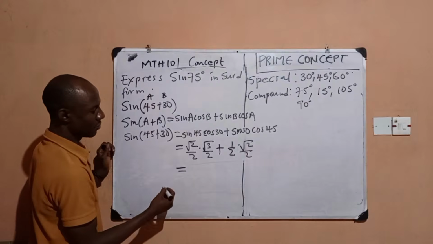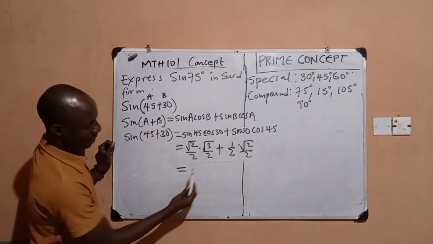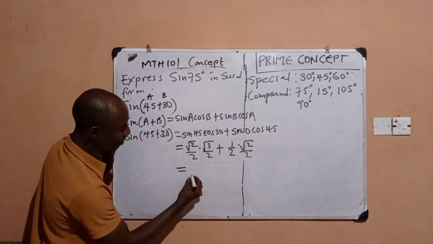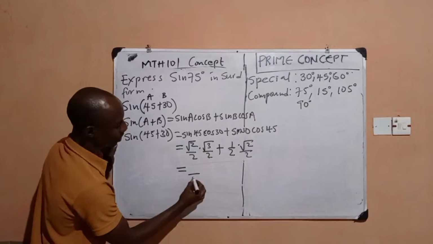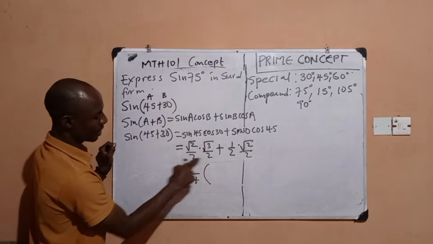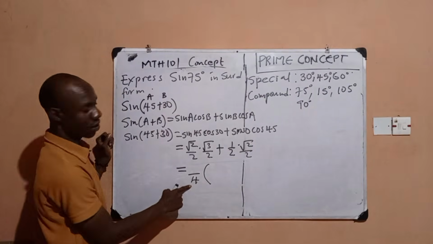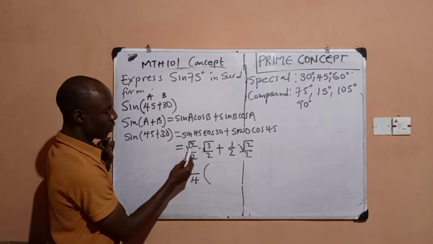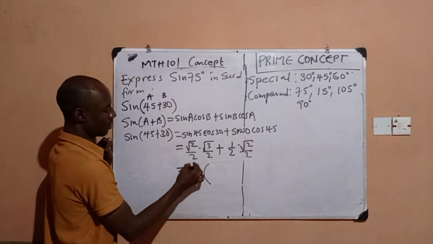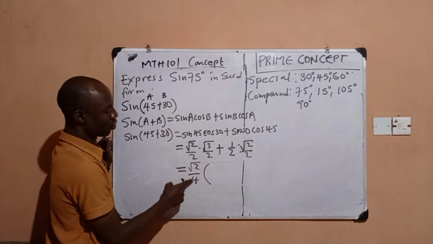So what do we have? Now notice, you have 2 times 2 here, so it means 4 outside. Remember, 2 times 2 is 4, which is under. So something is common up, root 2 and root 2 is common. I'll bring it out, so I have root 2 over 4.